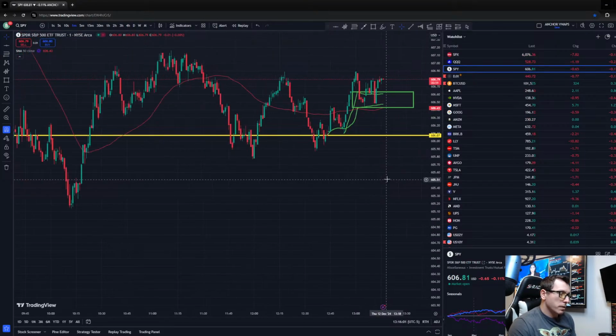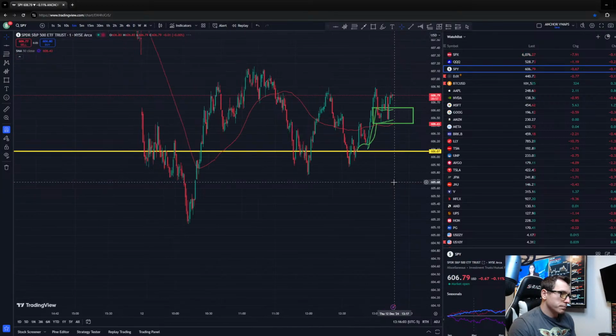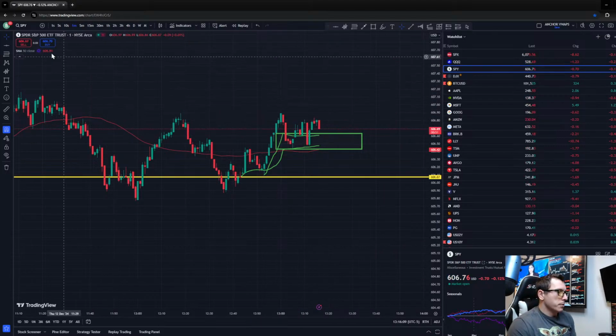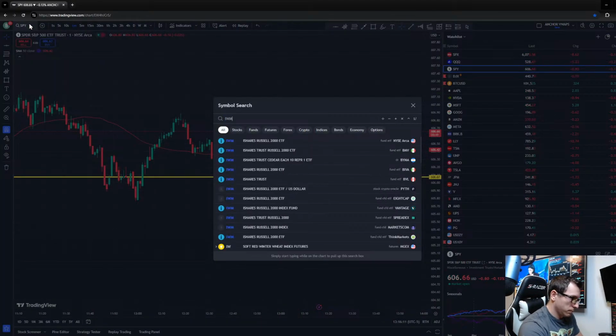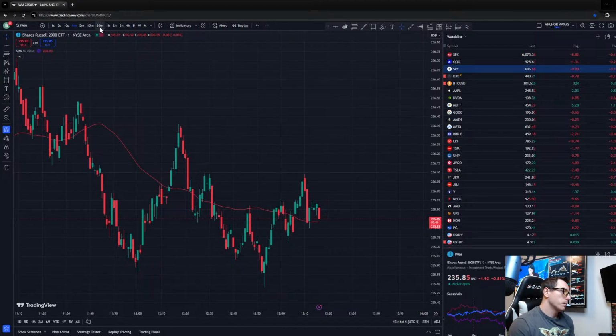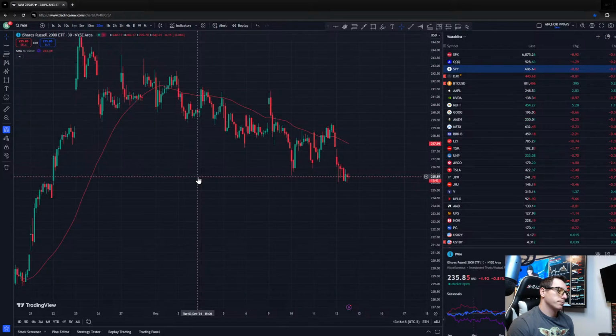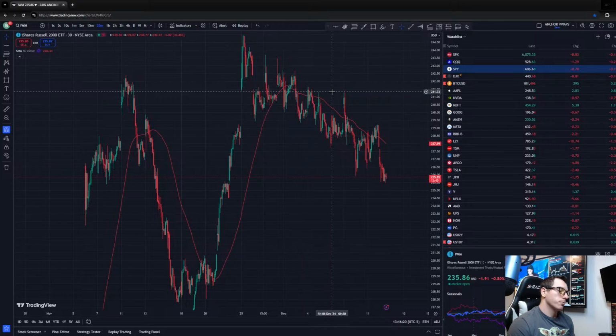12:44, you're supposed to be on the long side of the market. Yeah, I could look at IWM. IWM, it is bearish. It's been bearish since, well, realistically here, kind of choppy.